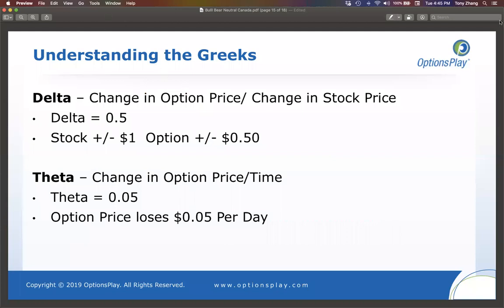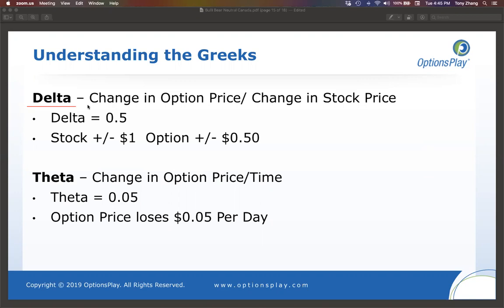The option Greeks matter because, we talked about a stock being symmetrical exposure, which means that if the stock moves up by $1, you make $1. If it goes down by $1, you lose $1. With an option trade, if the stock moves up by $1, the option is not going to move by that same $1. So an option has a term that we call delta.